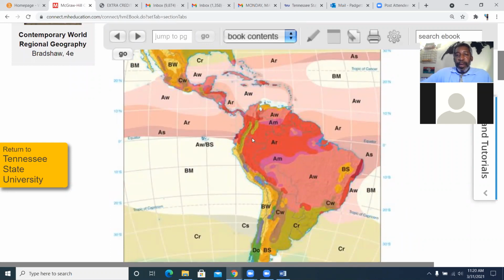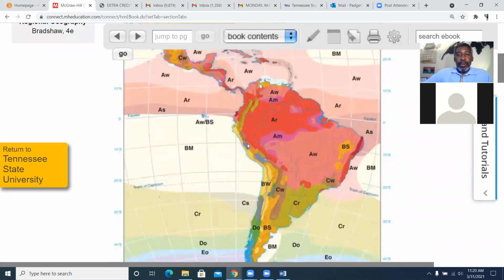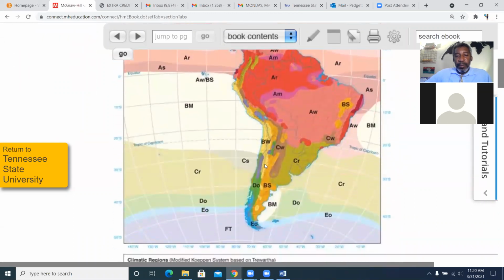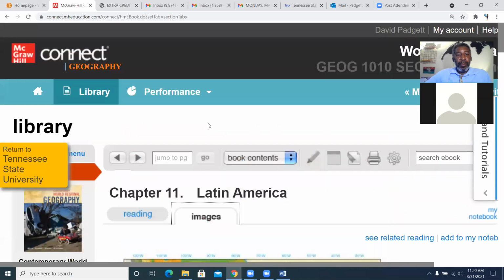And we made note of the fact that the region is dominated by tropical rainy climates. And we also noted that there is a significant presence of B climates or desert climates here along the US-Mexico border.